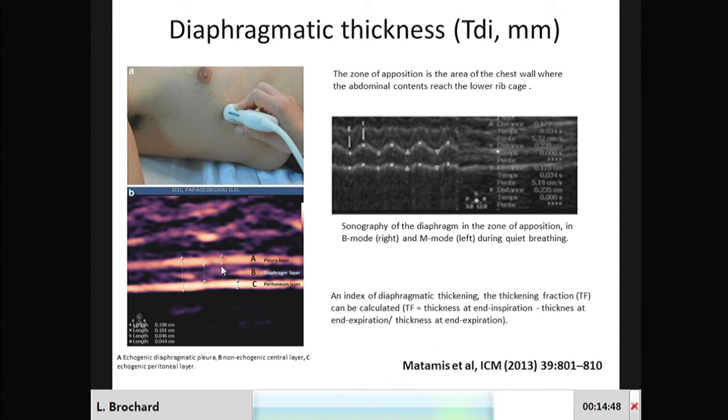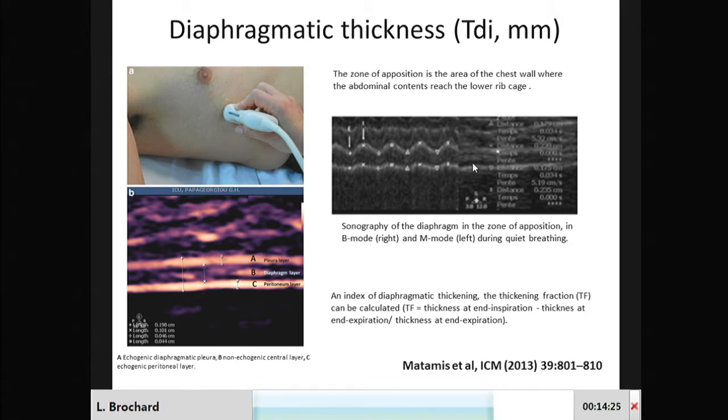What is in between these two layers is the muscle, the diaphragm contracting. So you can, in M mode, measure the thickness of the diaphragm, and you can even measure the thickening of the diaphragm at each inspiration. As you know, when a muscle contracts, it thickens and it shortens.